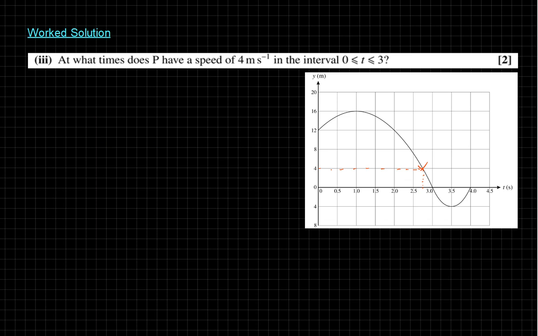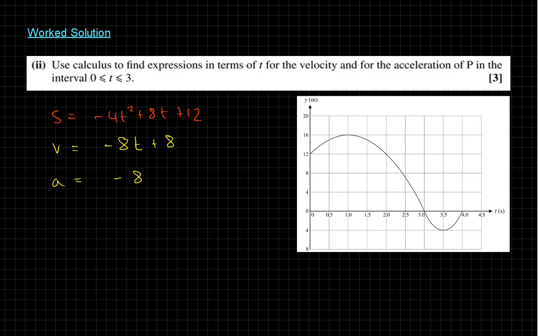What am I talking about? What have I just done here? Ask yourself, what on earth am I doing? Here, I'm reading off a displacement of 4. So the displacement of 4, at least relative to 0, is about 2.75, but that's not what it's asking for. It's asking for speed.